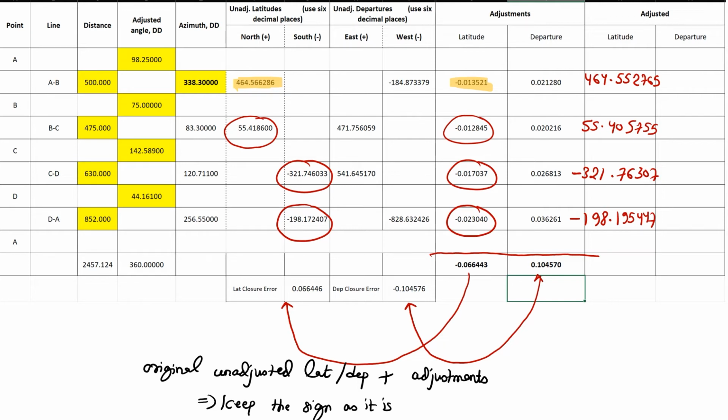Add all these latitudes. Your sum should be equal to 0. So let's try to add all the latitudes: 464.552765 plus 55.405755 plus 321.763070 minus 198.195447.